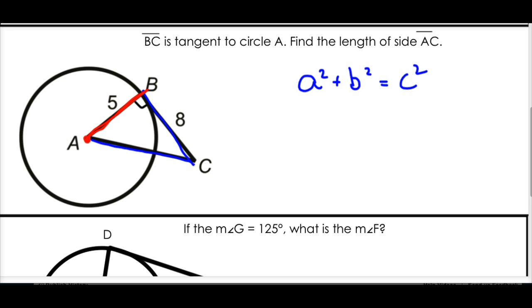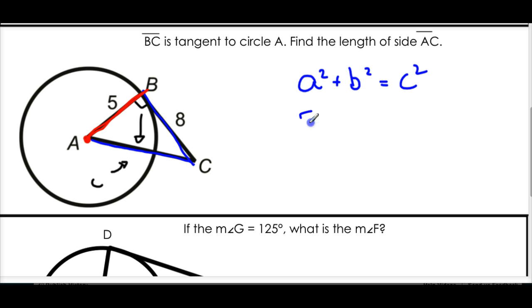The only hard part is figuring out which one is a, b, and c. Don't automatically assume that anything is b or c. The best way is to draw a line from the 90-degree angle, and across from the 90 degrees is always your hypotenuse. So that's going to be our c.